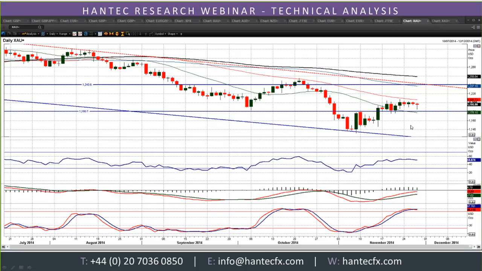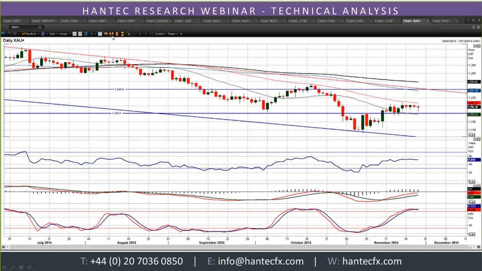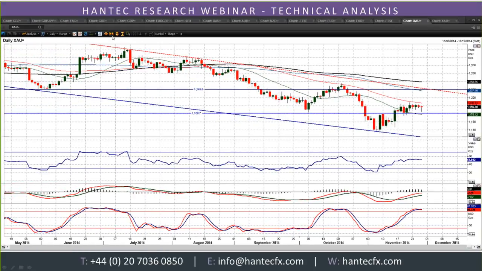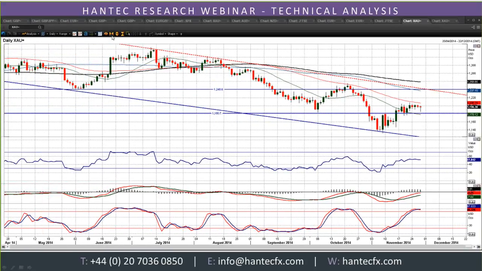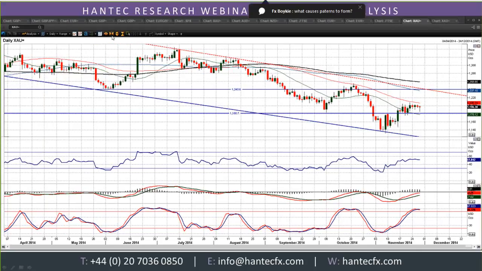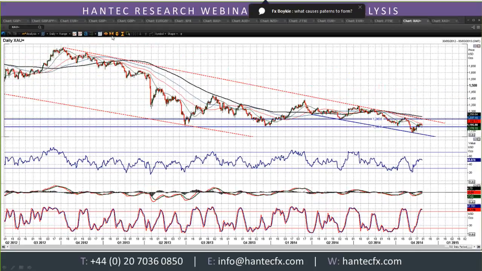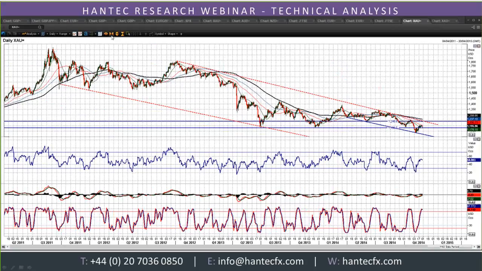This is zooming out quite a long way now, but in my opinion, you've got this big downtrend channel on gold still, and you've also got a smaller downtrend channel depicted by this blue line as well, which just suggests that ultimately gold is likely, in the event of a no vote, to fall again.